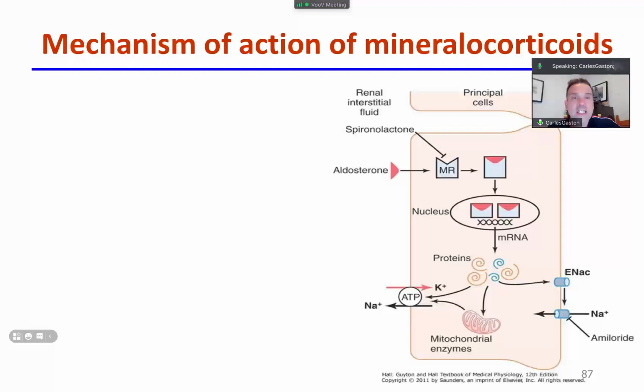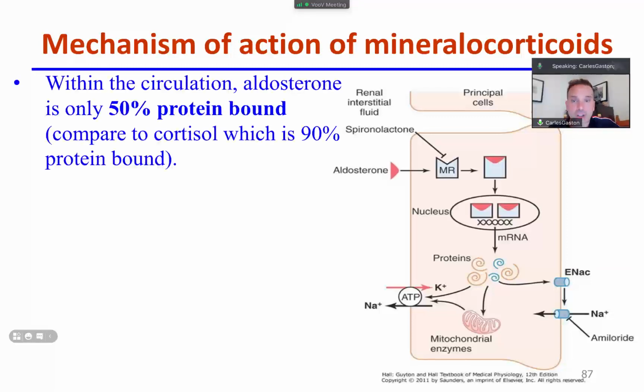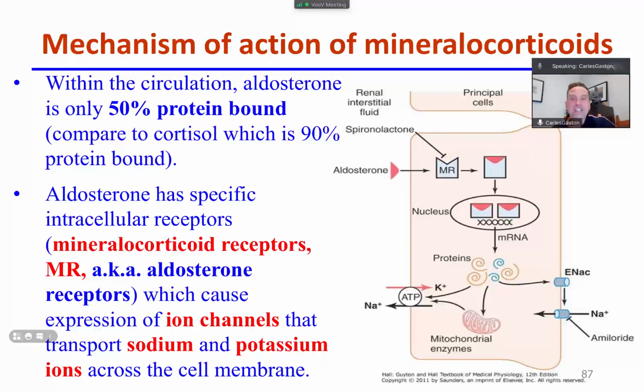So, the mechanism of action of mineralocorticoids. It's found in the circulation. Aldosterone is only 50% protein bound compared to cortisol, which is 90% bound. Aldosterone has specific intracellular receptors, right? And remember guys, intracellular, because they are steroid hormones.